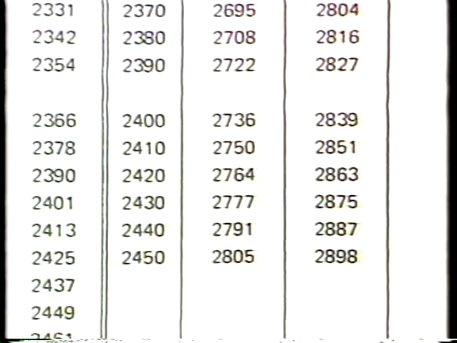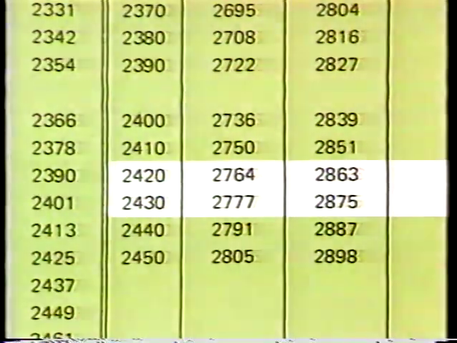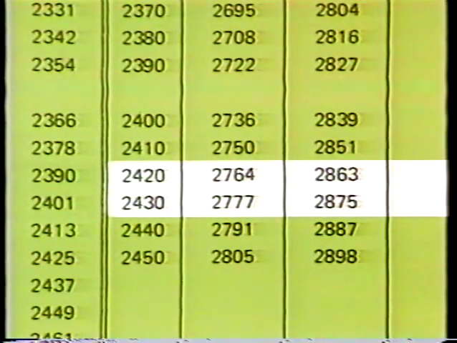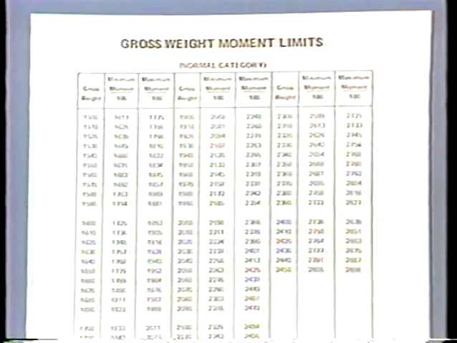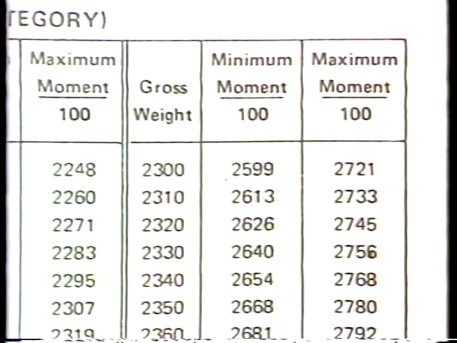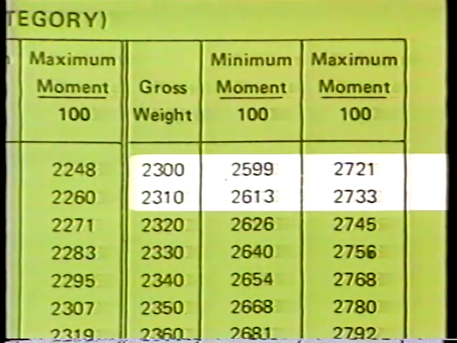To determine the moment limits of the takeoff weight of 2,422, refer to the 2,420-pound line. 2,818.5 again falls easily between 2,764 and 2,863. Last, for a landing condition of 2,302 pounds and 2,678.5 moment, refer to the 2,300-pound line, and the moment must fall between 2,599 and 2,721.